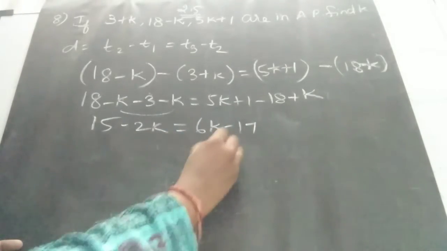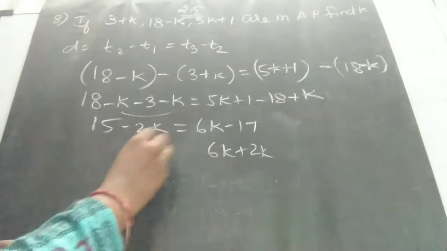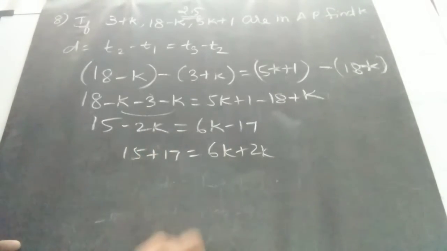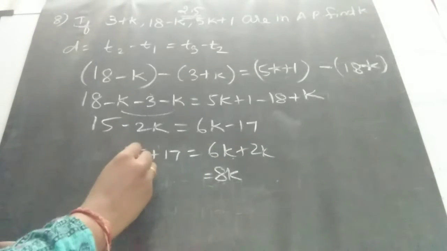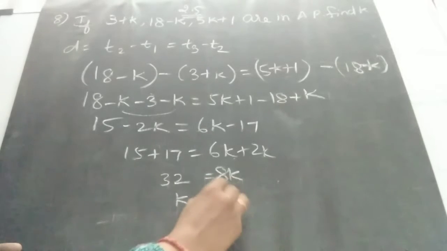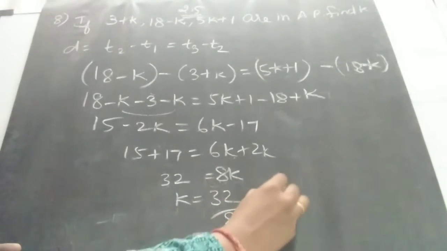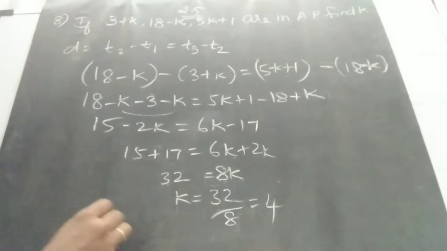Again take the k to one side: 6k plus 2k, and this number to the other side, 15 plus 17. So 8k is equal to 32. So your k will be 32 by 8, four 8s are 32. So your k value is 4.